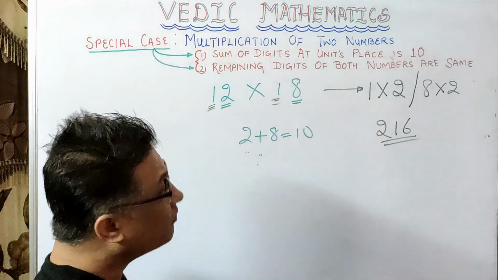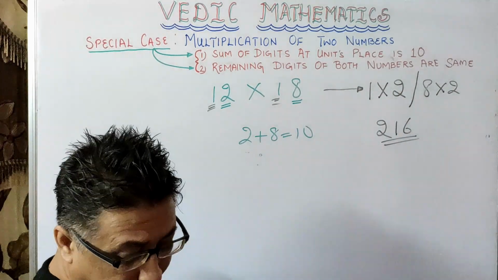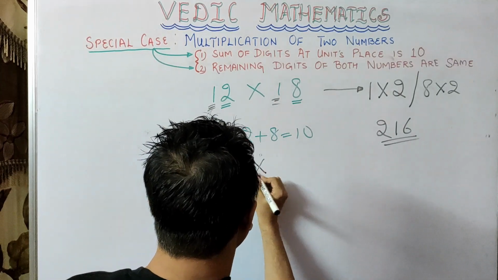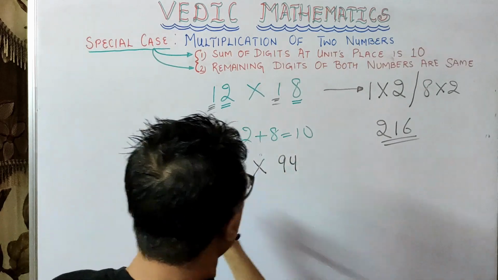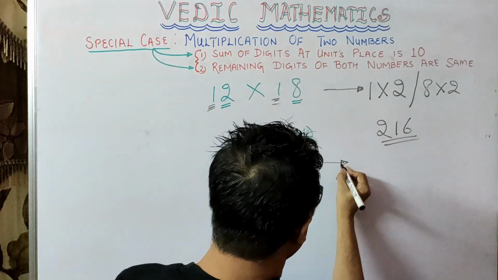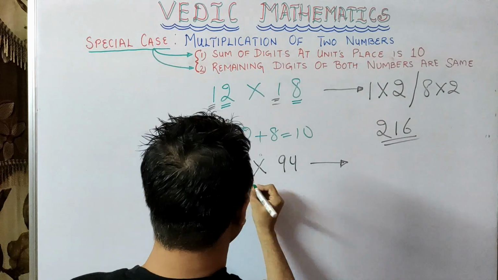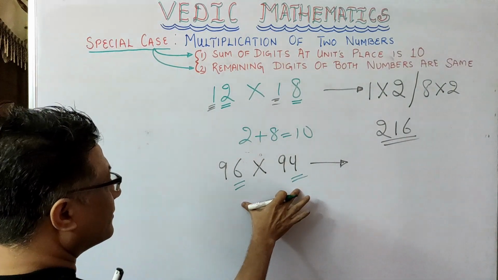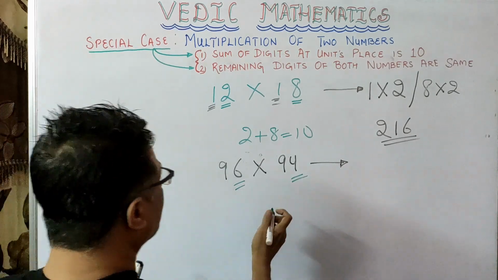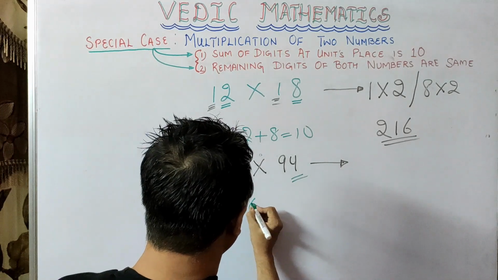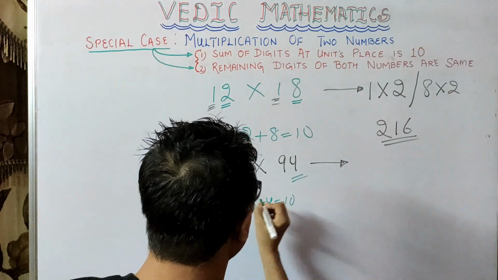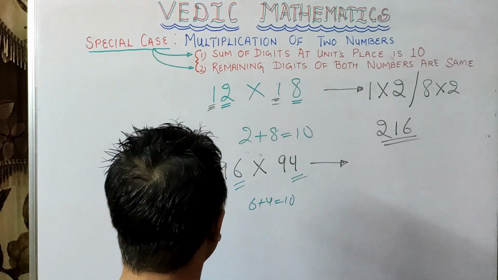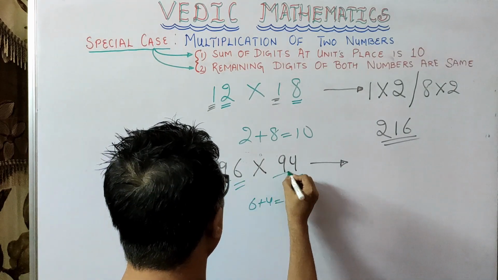simple. Now suppose you have to multiply 94 by 96. Now what? Again 6 and 4, these are two unit digit numbers of these two numbers, and 6 plus 4 is what? 10, and 9 is the same in both the numbers.